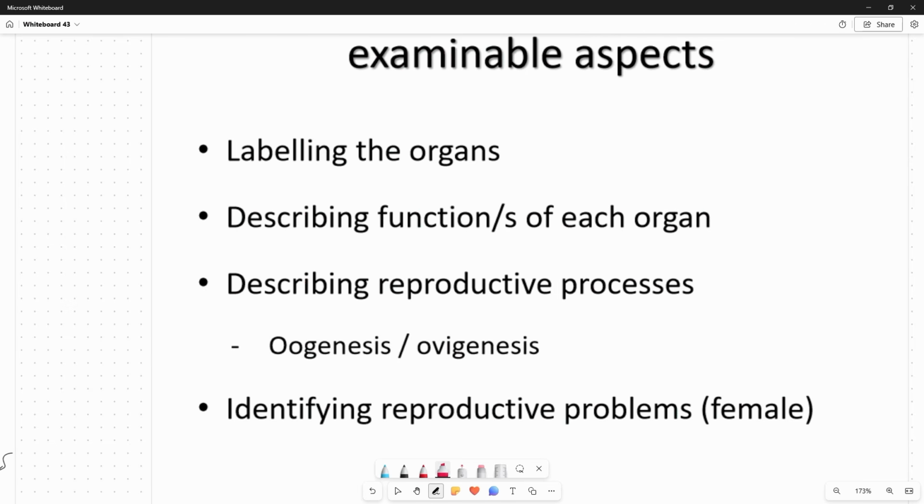Now in the female it's oogenesis, production of the ovum. Now the other concept that scientists use is ovigenesis. All right. And then lastly, you must also be able to identify reproductive problems, again affecting now the female animal.